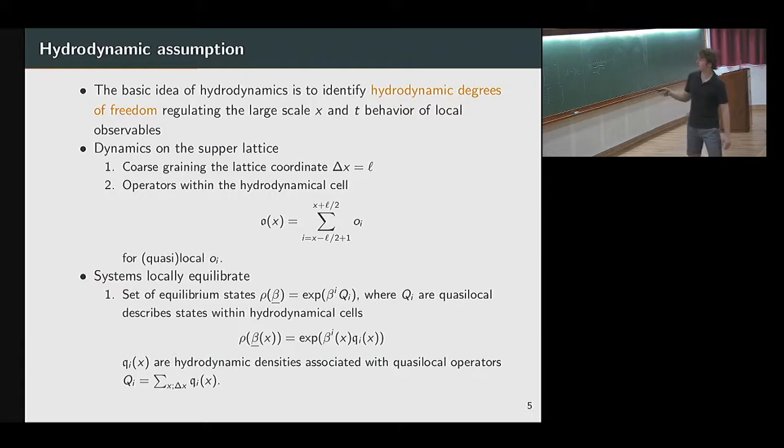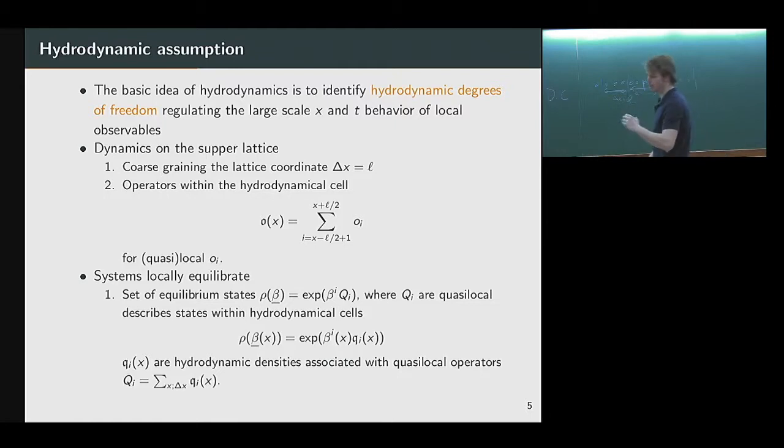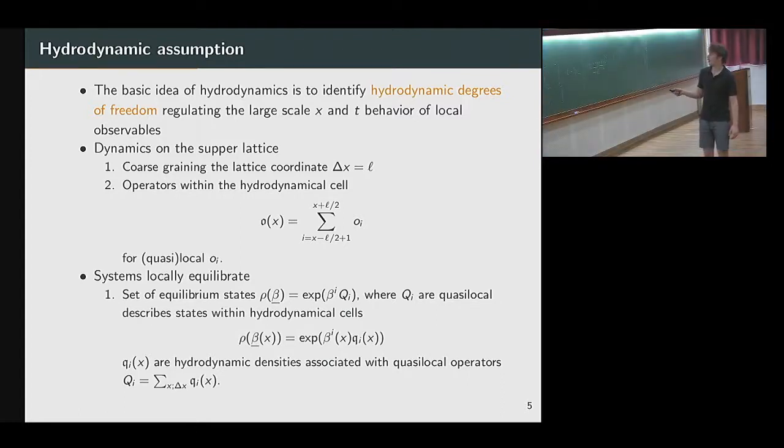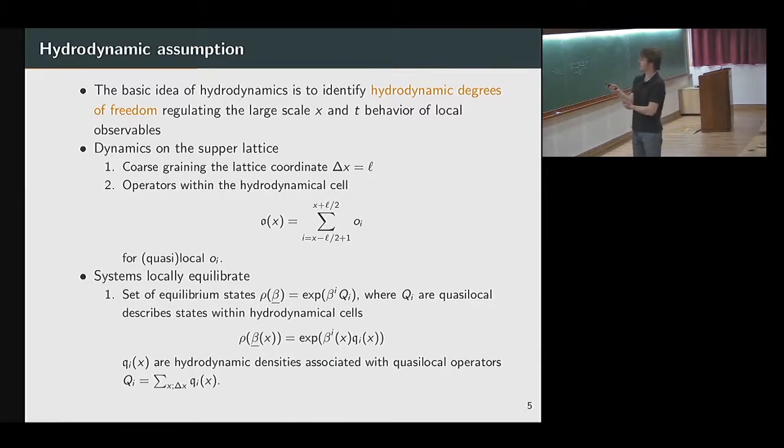Sorry? Qi are all the same. Yeah, I mean, they are all the same. It's a sum of the same operators over one. Exactly. No, Q is actually a sum over all Qi, so throughout your system.